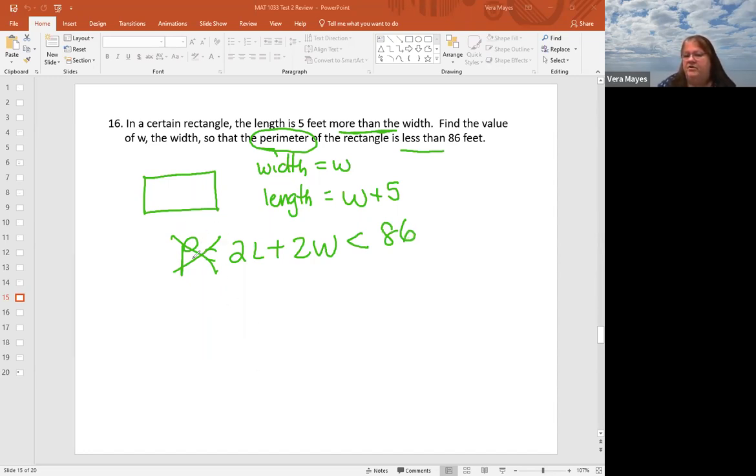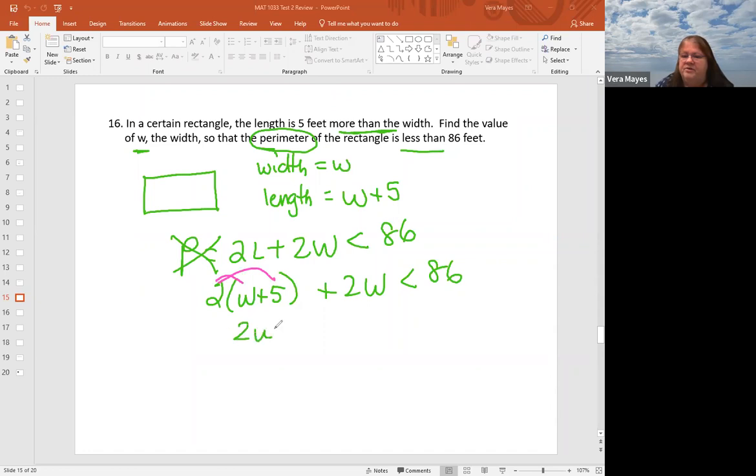So you guys see how you go from the regular perimeter formula to convert it to an inequality. Now, length we said was W plus 5 plus 2W. And now everything is in terms of W, which is what they want to know. So we can solve this and we'll be done. So let's go ahead and distribute.